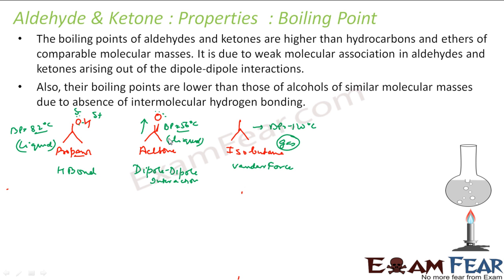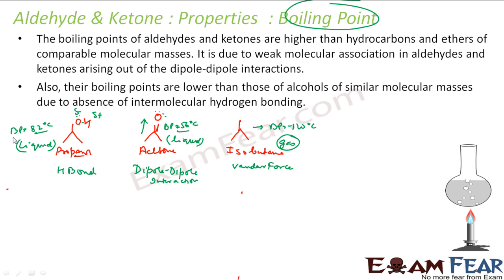This one has a lower boiling point, still liquid. This one has a still lower boiling point, minus 12 degrees Celsius, a gas. So they have similar molecular mass, but the structure is different. The structure plays a critical role in determining the boiling point and the state of a compound. Correct? So with this you understand that if a compound has hydrogen bond, there is a high chance that it will be liquid and it will have a higher boiling point.